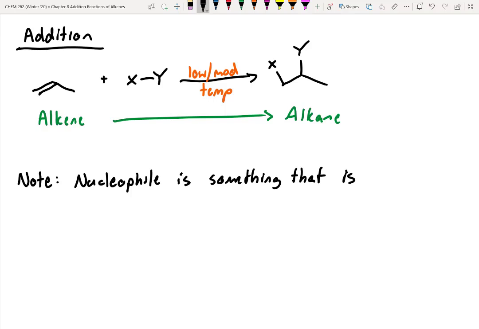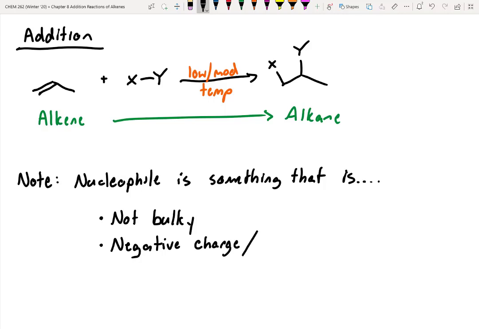I heard somebody say not bulky. What's another characteristic of a nucleophile? Negative charge. Typically, this is also seen by having a lone pair, right? That negative charge makes it intrinsically unstable. It wants to find an electrophile to react with.